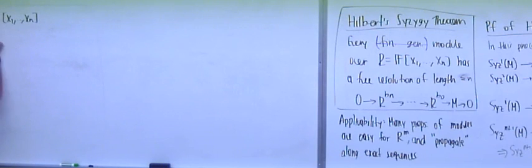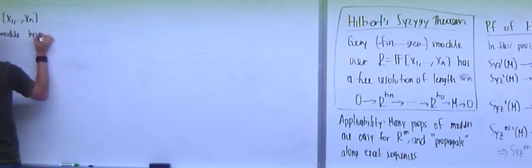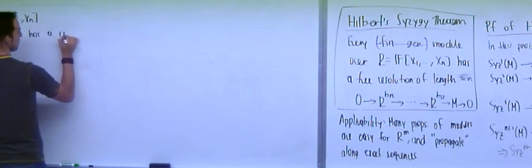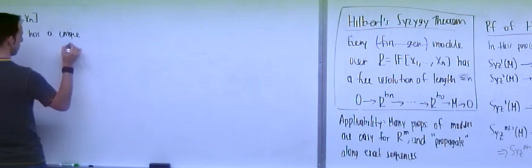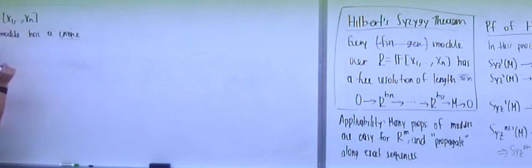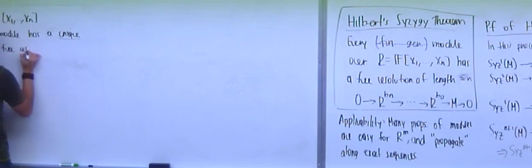So an R module has a unique, and I'll say what I mean by unique in a second, a unique minimal free resolution.